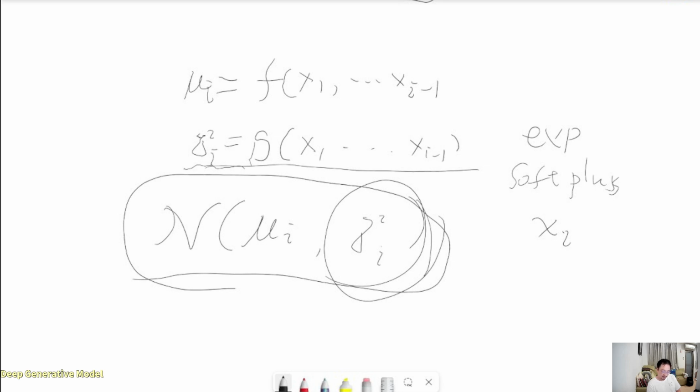Very often you can see people use this kind of function to make it positive. Of course, you can also just use the absolute value or the square. They might just work.